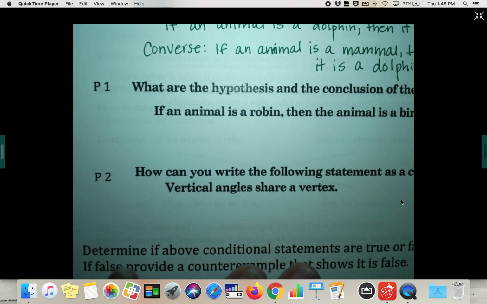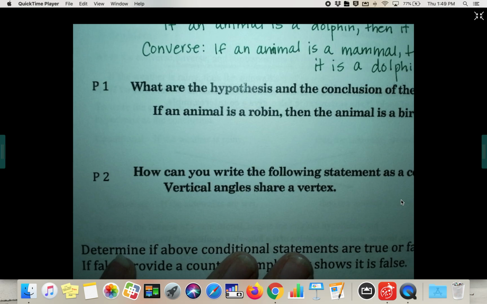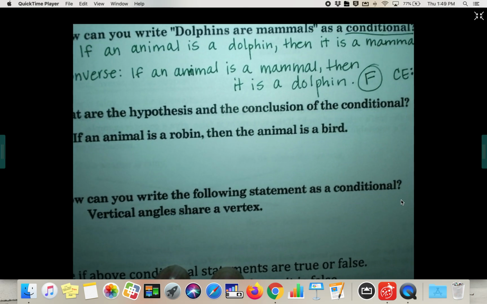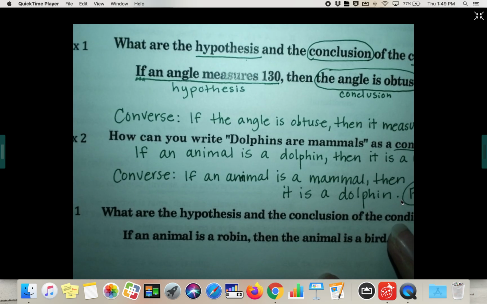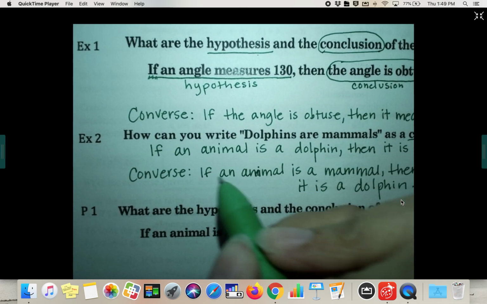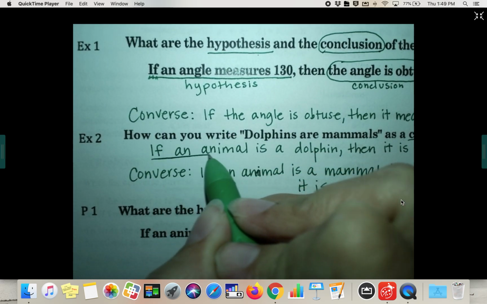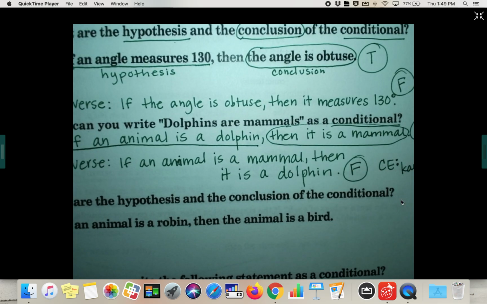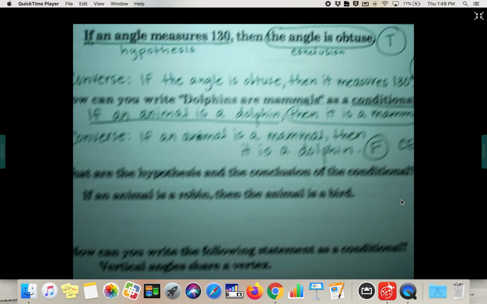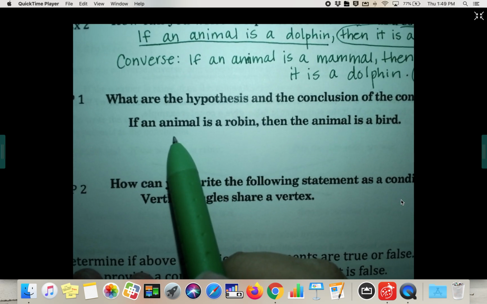Problem 1. What are the hypothesis and the conclusion of the conditional below? I didn't have you do this before, but I want you to underline the hypothesis and circle the conclusion, so let's practice doing that. Let's underline the hypothesis.